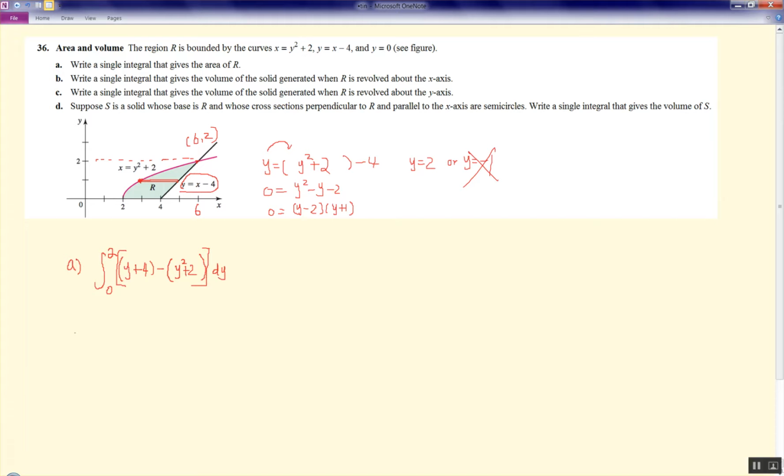Now for part B, as discussed before, this region is rotated about the x-axis, and we have to slice this region horizontally. Otherwise, if you slice it vertically, you have to have more than one integral for the volume. So let's look at what we get if this slice is revolved about the x-axis.